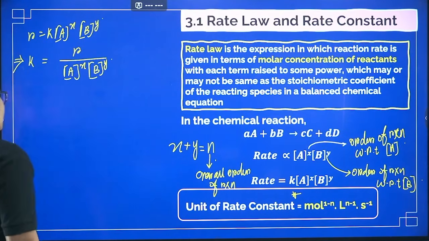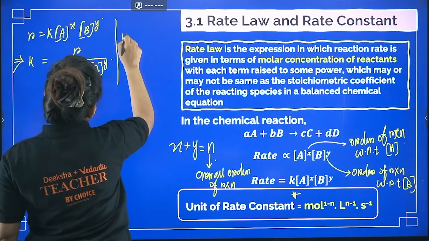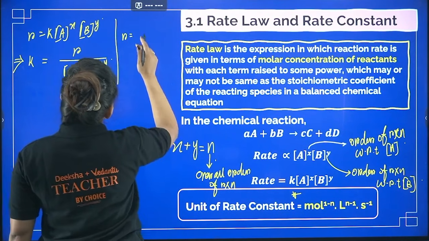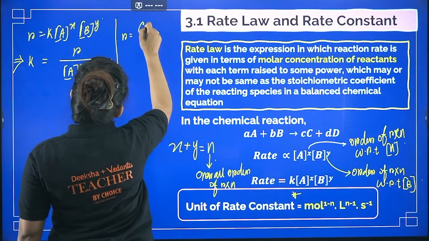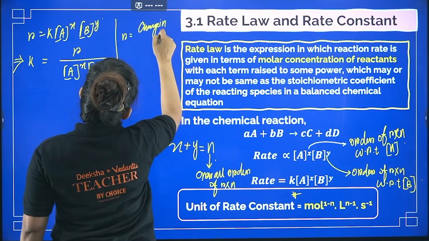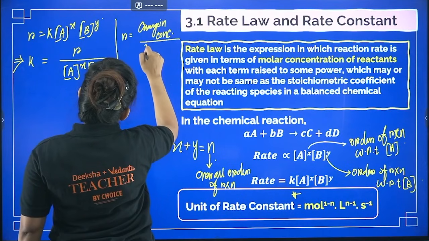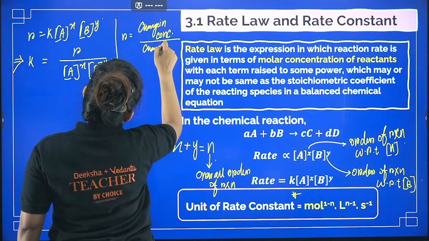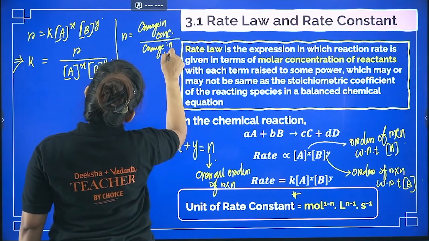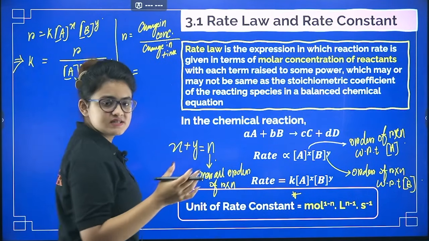Okay, so here you can see, what is the unit of rate? Rate equals change in concentration divided by change in time. Change in concentration means concentration unit.